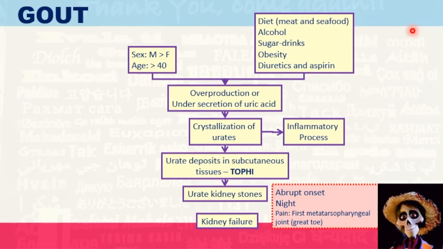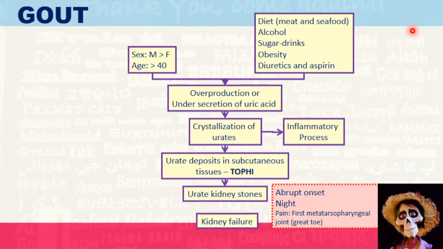These urates would crystallize and then later on would be deposited in the subcutaneous tissues and would even be deposited first on the interphalangeal joint. With the deposition of your urates in the interphalangeal joint, the inflammation would ensue. This is the reason why a patient with gouty arthritis would have signs of inflammation.